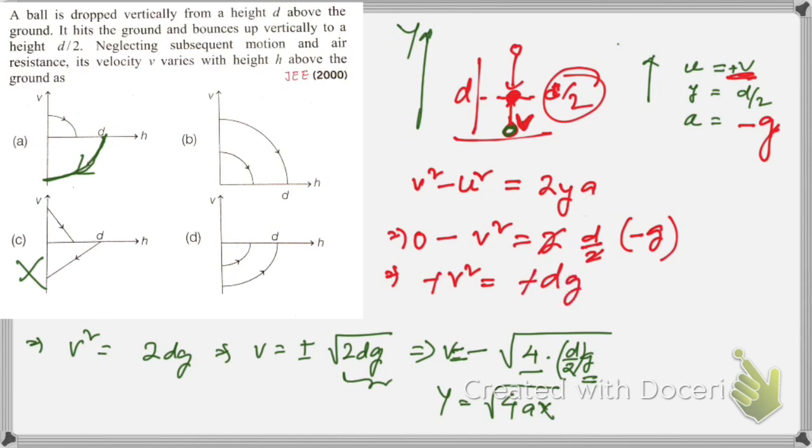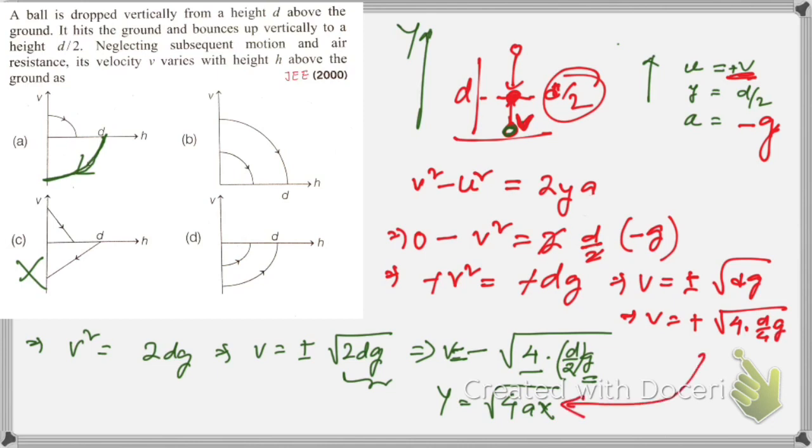So minus minus gone, so v will be equal to plus minus root over dz. It is going upward, so v will be taken as positive, and it can be written as root over 4 into d by 4 into z. So this is also in this form, so it is also in the shape of a parabola.